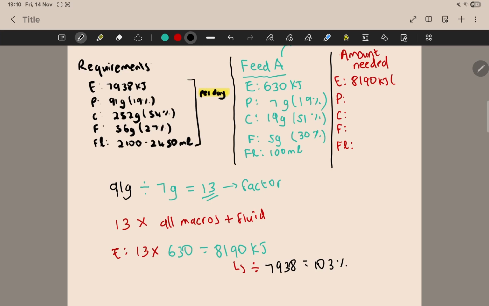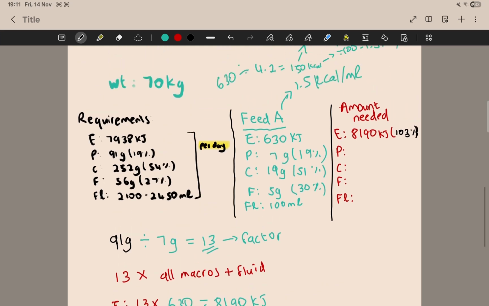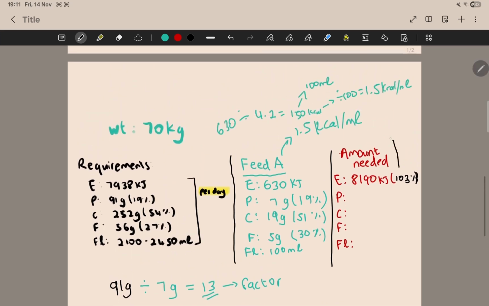You can round, so we're going to do 103. Okay, you get that, right? So 103%. The percentage of requirements met should be within the 90 to 110% range.